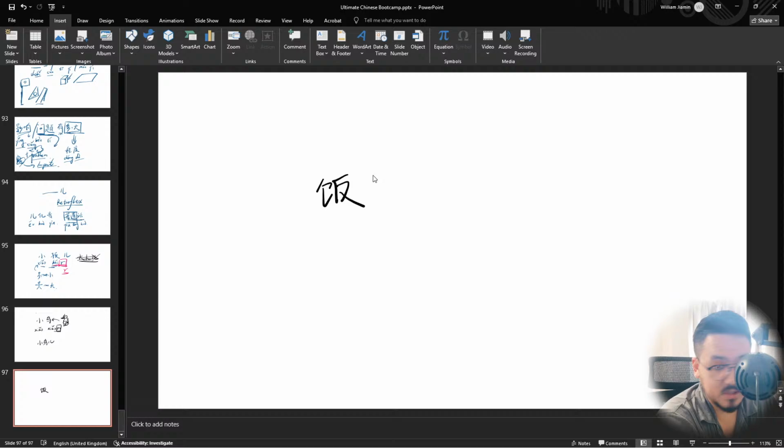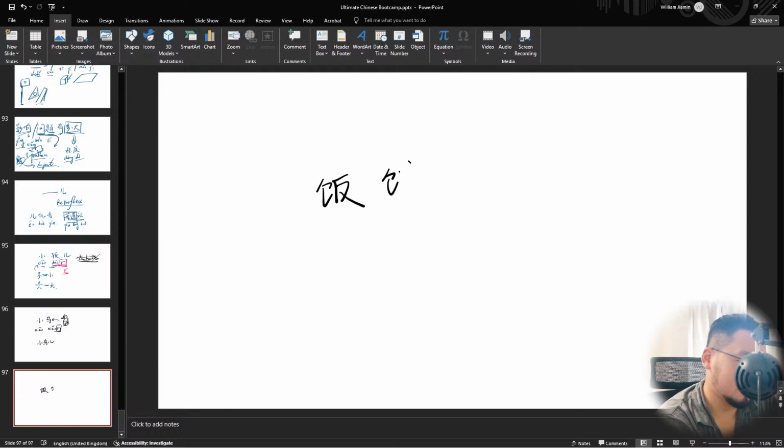But since it already appears in the HSK, I'm going to stick with that, though I also want to give you other similar words that aren't in textbooks.